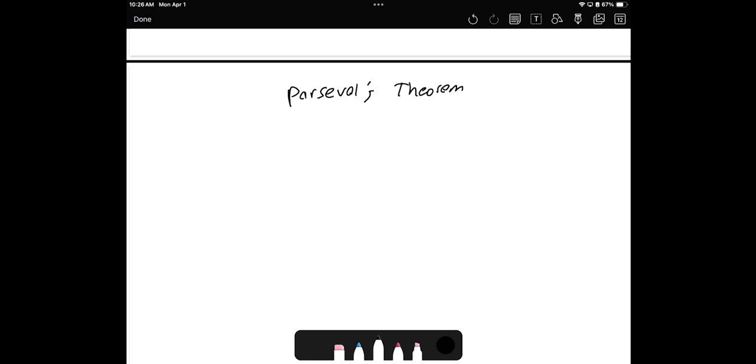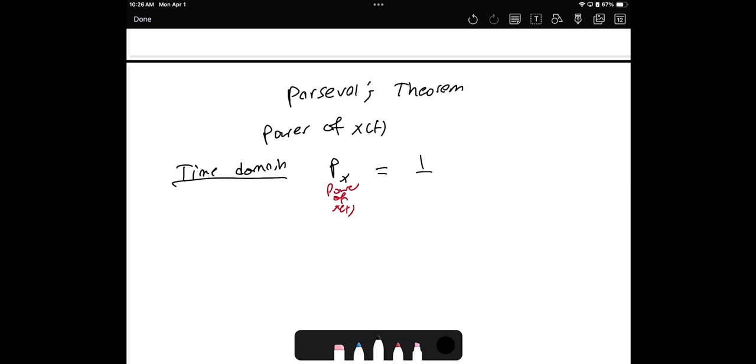Basically, Px, the power of x of t, equals 1 over T times the integral from 0 to T. This is similar to an average, but we use the absolute value of x of t squared.